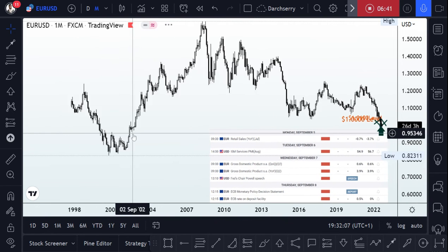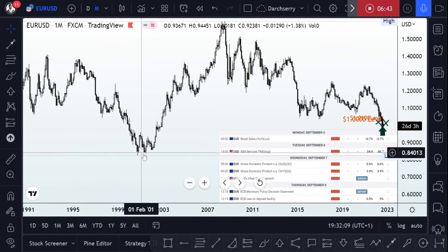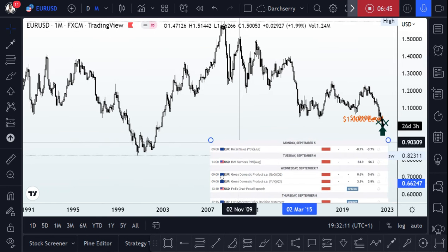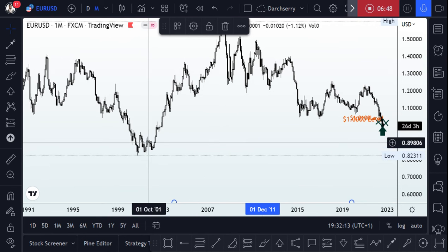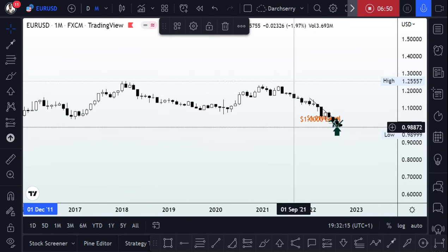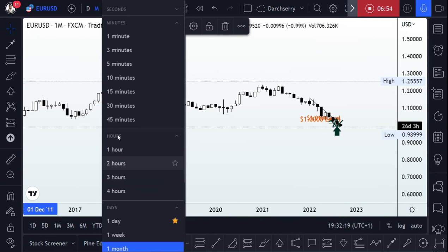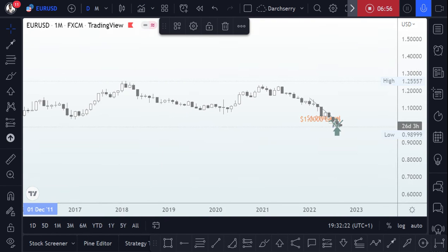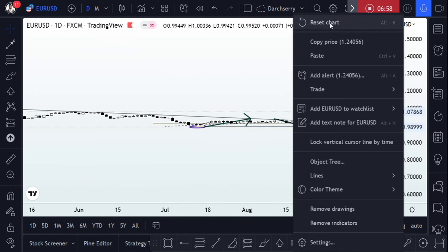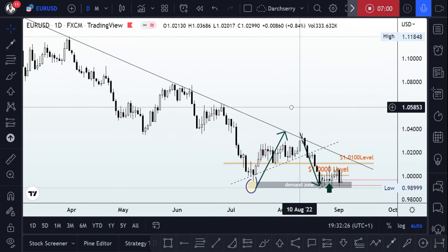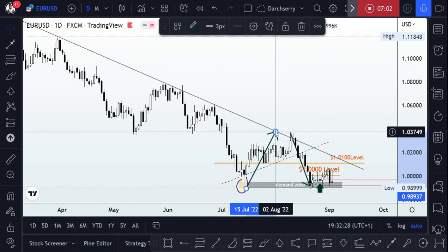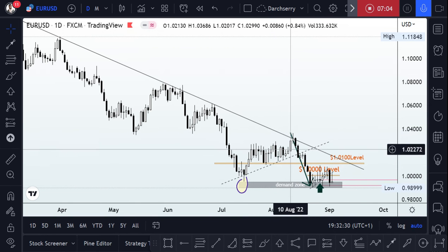If we go as far back as the year 2000, you can see the last time we were at the lowest point was the year 2000 here. And since that time, price has at no time come into this area where it is in the last couple of weeks. So it's a very sensitive area.